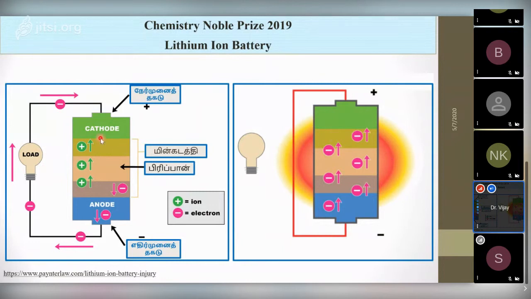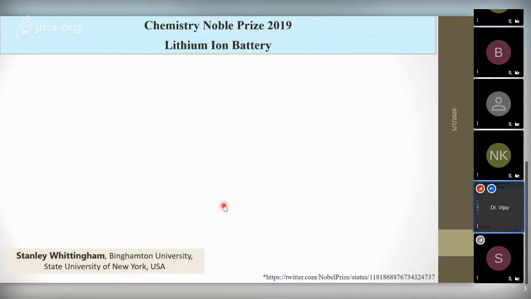There is a possibility of ionic exchange through the electrolyte, and there is a separator here, like maybe a polymer membrane, which has a more porous nature in order for ions to be permitted. So the ion movement and the electron movement turn the load into current flow. That's the basic phenomenon behind a battery.